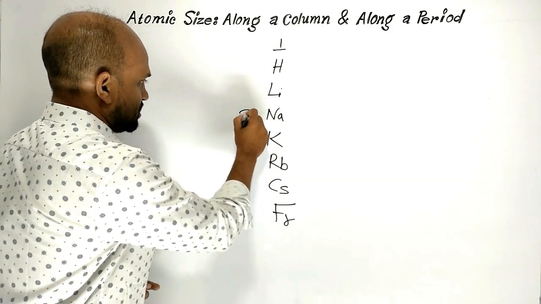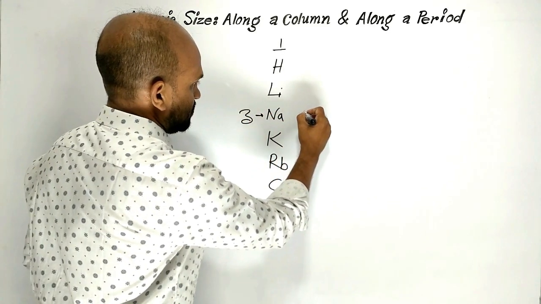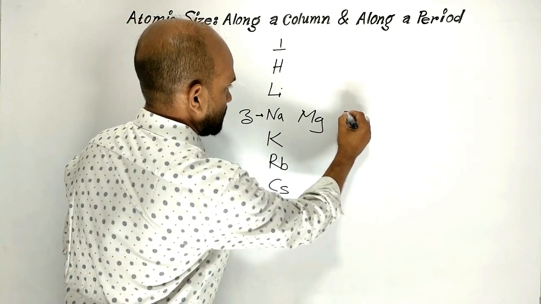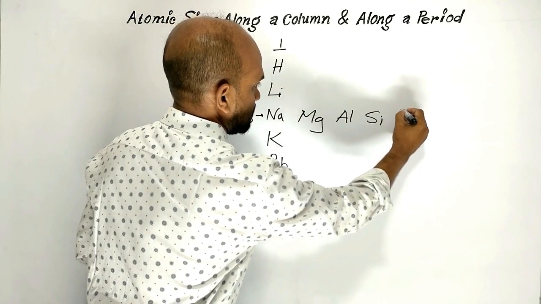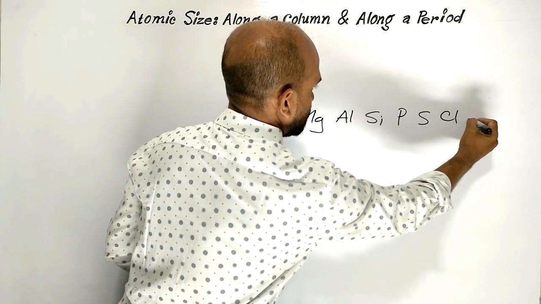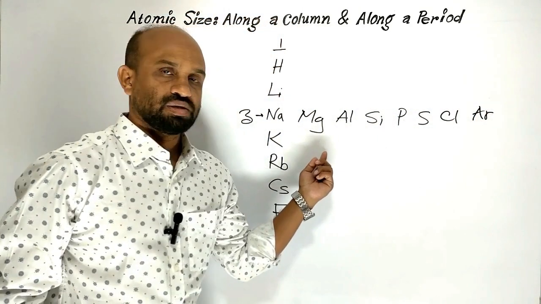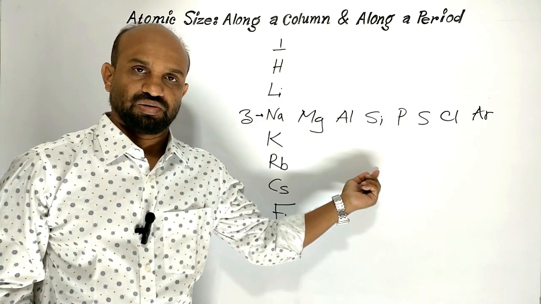Elements in the third period are sodium, magnesium, aluminium, silicon, phosphorus, sulfur, chlorine, and argon.